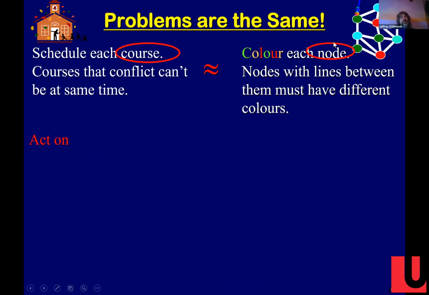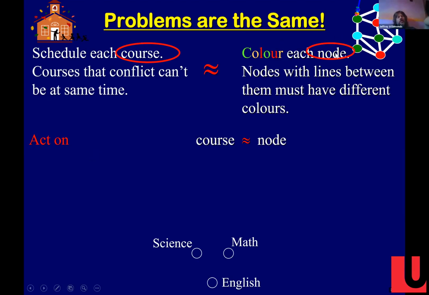Color means to take each node and allocate it a color. So in some ways, there's a mapping between courses, which we want to give time slots, and nodes of your graph, which we want to give colors. So here in our mapping, every course will get a node of your graph, or every node of your graph will be thought of as a course. All right, see, we have the connection there already.